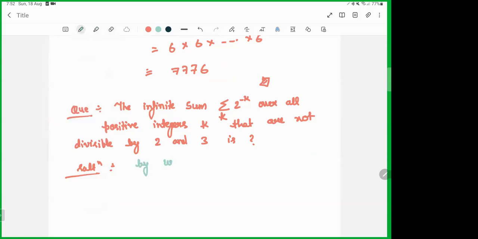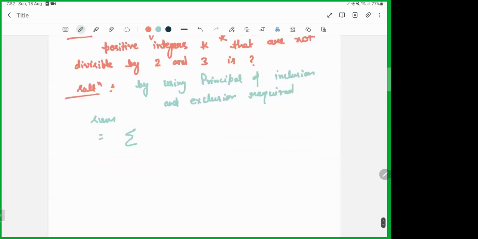By using the principle of inclusion and exclusion, what can we write? The required sum is equal to what? First we do the full summation, then we subtract.